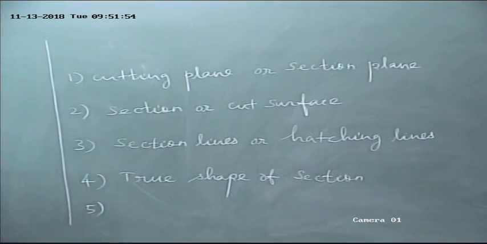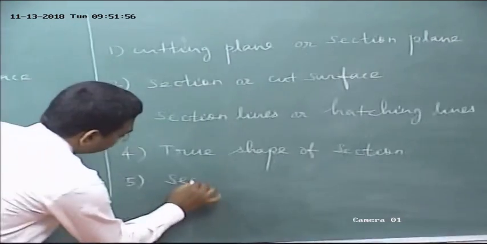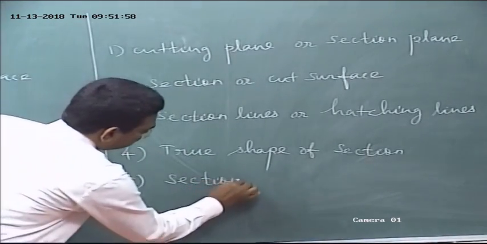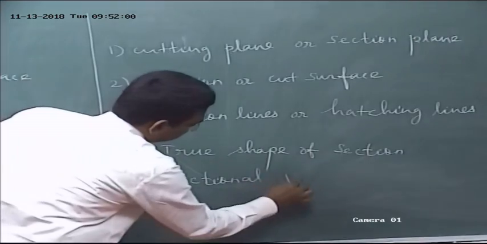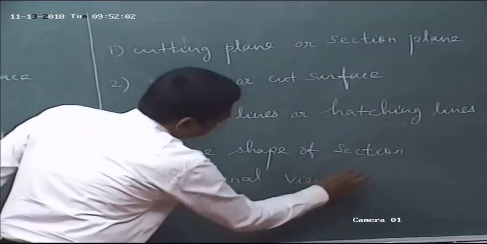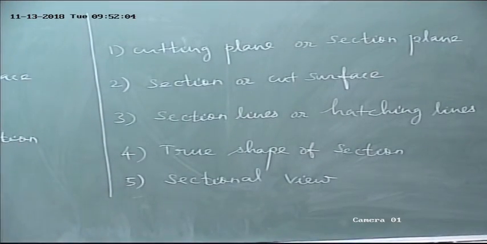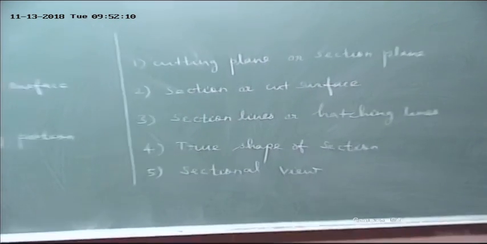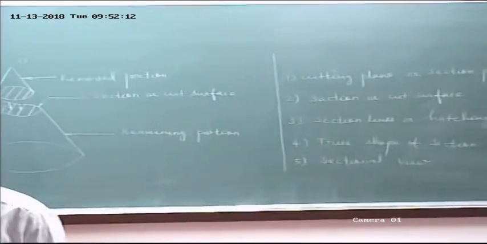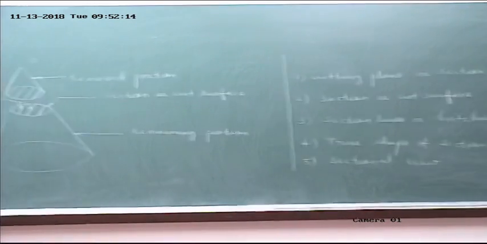Fifth term is sectional view. So in the unit section of solids, before solving the problem, you should be familiar with these 5 terms. These 5 terminologies are frequently used in the question.